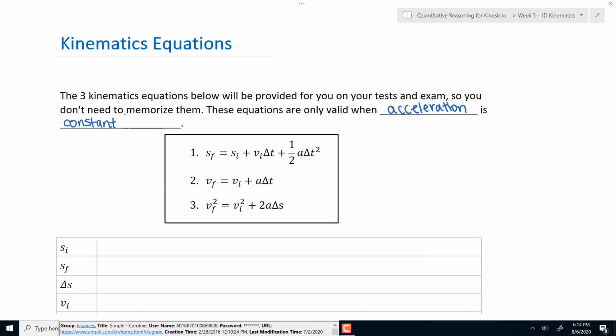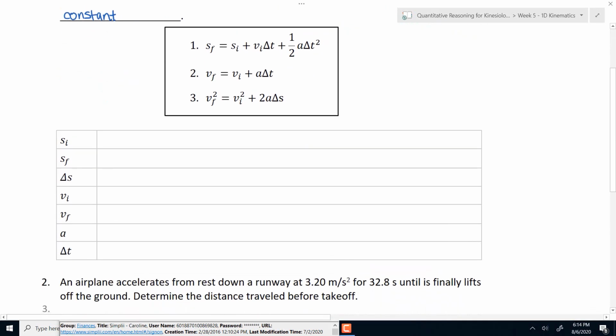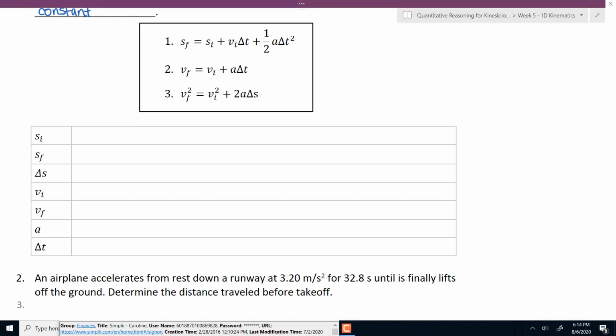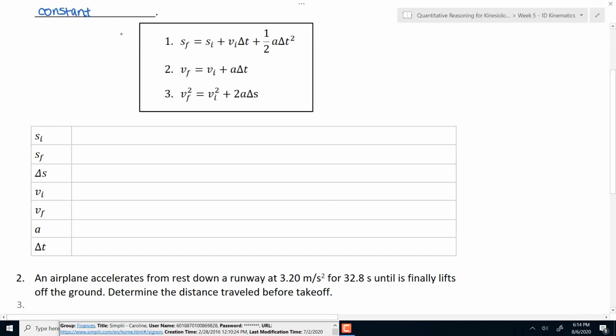We have a bunch of different terms or variables in these equations, and I just want to make sure that you understand what each of them are. So let's start off with S_i. S_i is over here. S_i means the initial position, an object's initial position.